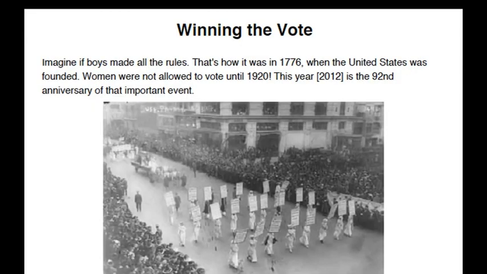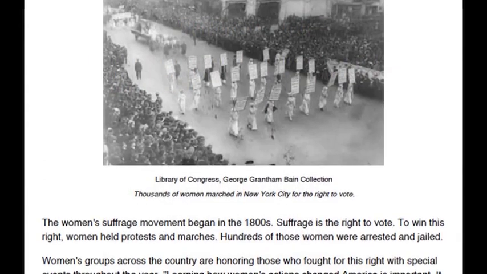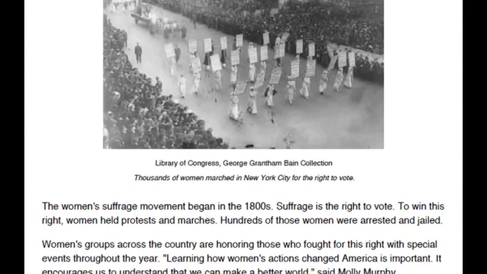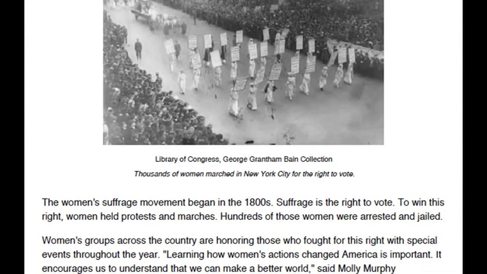Winning the vote. Imagine if boys made all the rules. That's how it was in 1776, when the United States was founded. Women were not allowed to vote until 1920. This year, 2012, is the 92nd anniversary of that important event. The women's suffrage movement began in the 1800s. Suffrage is the right to vote.